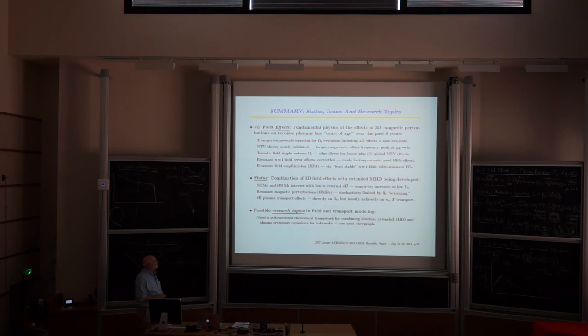Possible research topics, we really need, I would suggest, a self-consistent theoretical framework for combining kinetics, which I have to do now by analytics and stuff, with extended MHD models and plasma transport equations.